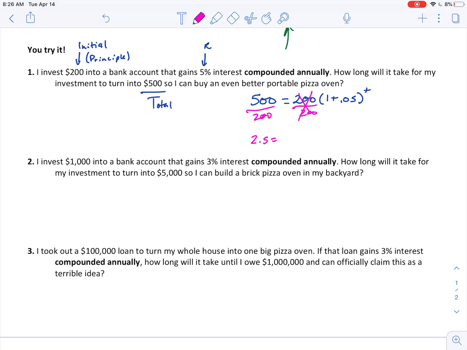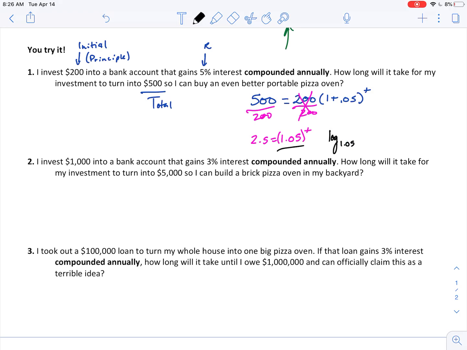So 500 divided by 200 is going to be my first step. And of course it simplifies on that right side. 200s cancel out. I'm left with 2.5 equals 1.05 to the t. I simplified that parentheses.